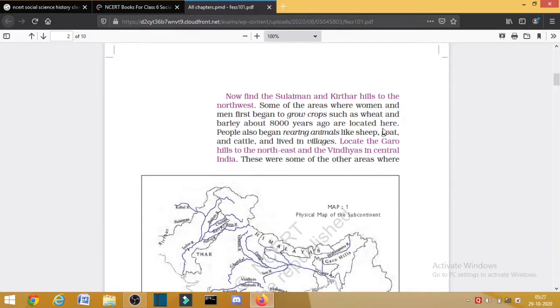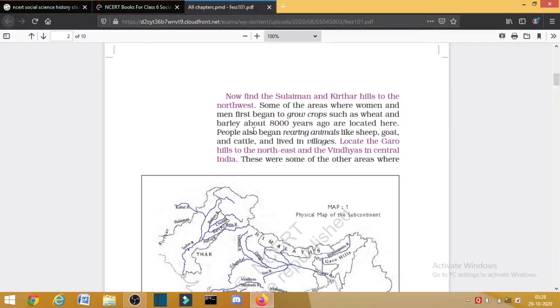It is towards the northwest part of India. Women and men first began to grow crops such as wheat and barley. Remember these two crops also. Wheat and barley, they began to grow here. And it was about 8,000 years ago.